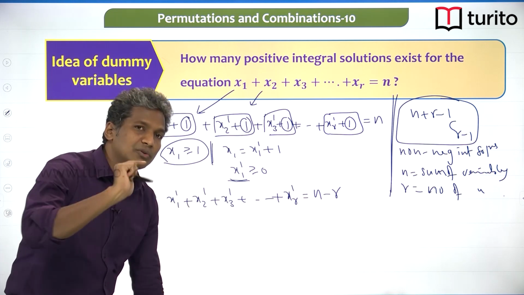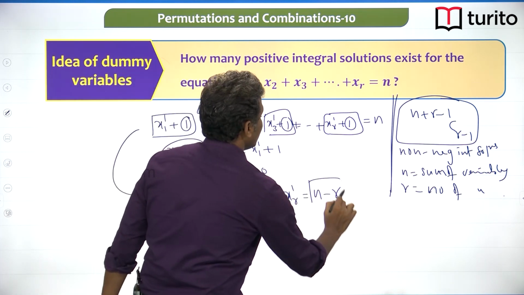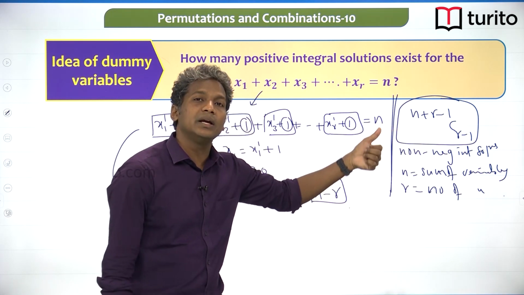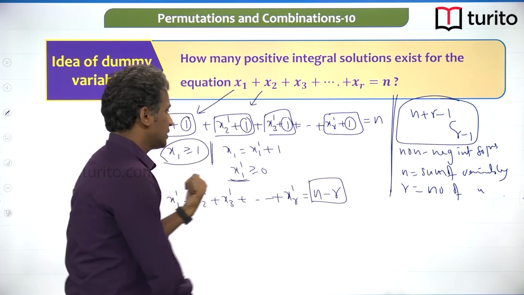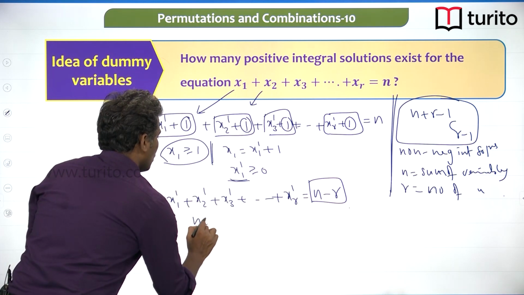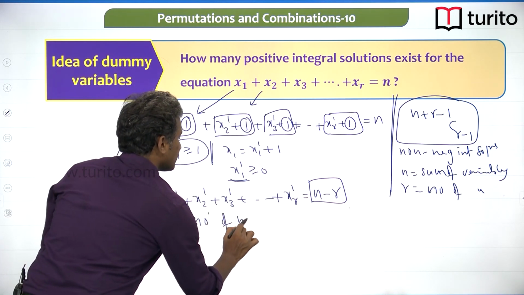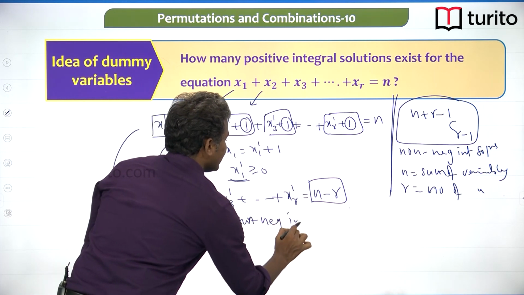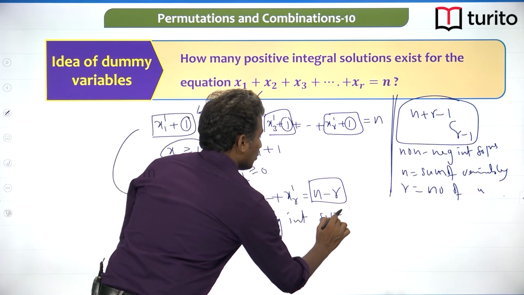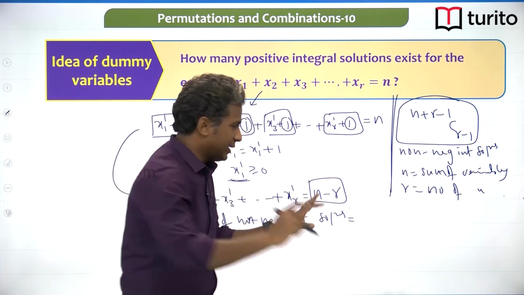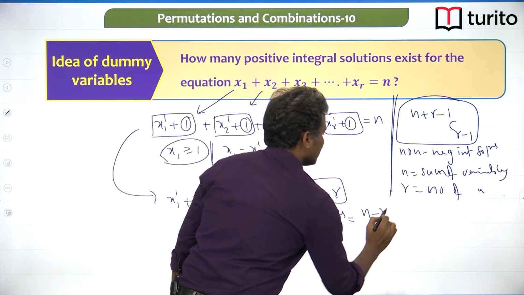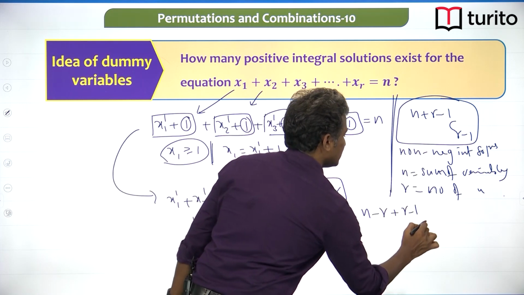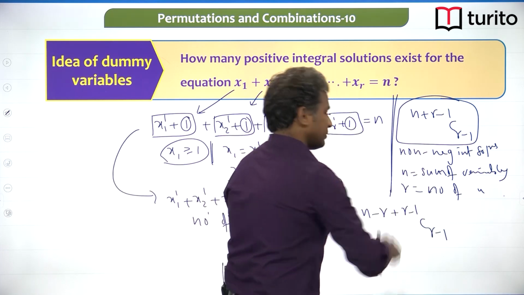Now, what is the sum of all variables? It is n minus r. So, when we apply this formula, in place of n, n minus r should come. Okay. So, the number of non-negative integral solutions of this equation will be n minus r, this is in place of n, now plus r minus 1, C r minus 1.